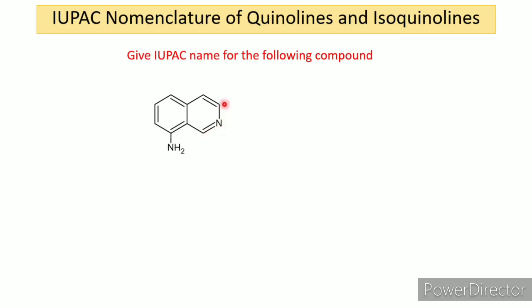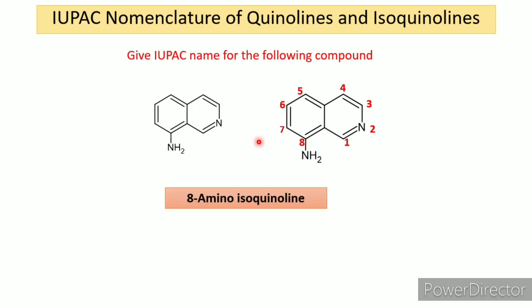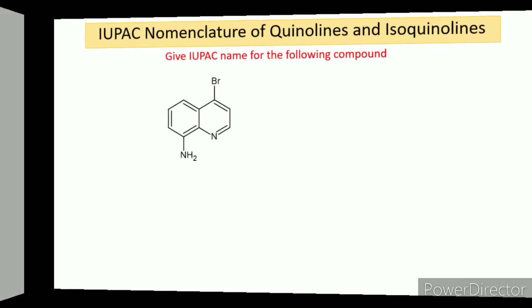So 1, 2, 3, 4, then 5, 6, 7, 8. One more mistake that happens is you start numbering from here as you feel that the heteroatom should get the minimum possible number. But that is also wrong. Remember, in isoquinoline, numbering starts from this position only. So once you number it, it is very easy and it is 8-aminoisoquinoline. So this is how we name our compounds.